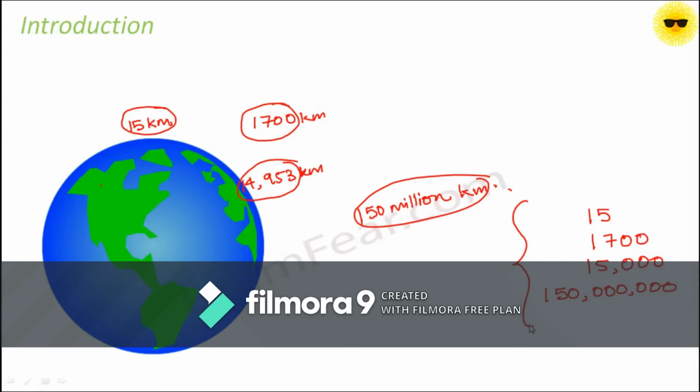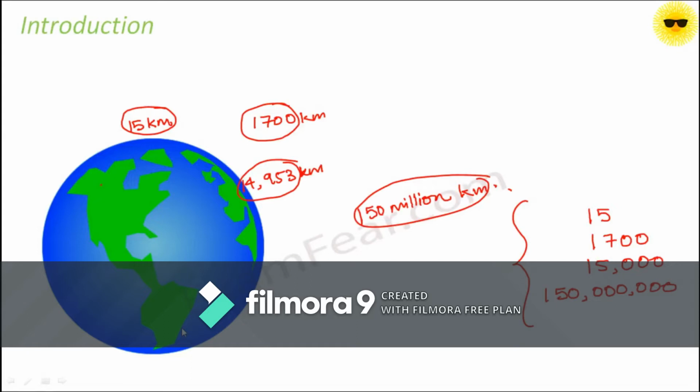If I ask you to represent 150 million kilometers in figures, how would you represent it? You need to write 15 followed by 7 zeros. That's not a very convenient representation. Now you can even have numbers as big as 150 followed by 15 zeros or 17 zeros or even 20 zeros. So what do we do to handle these kinds of scenarios?